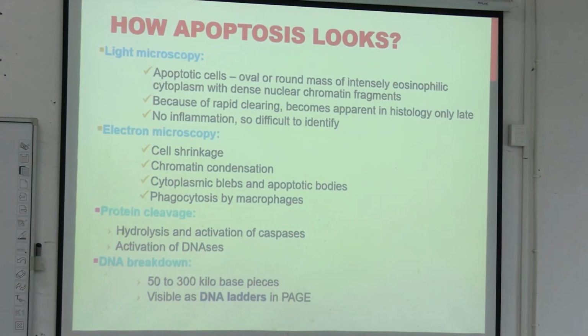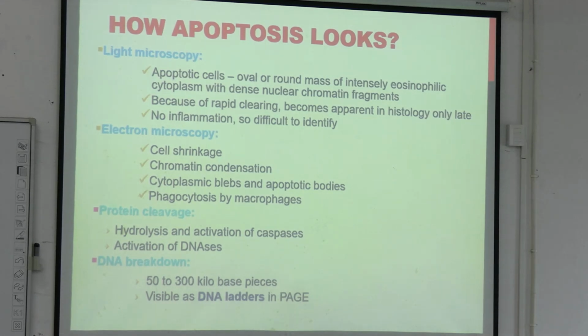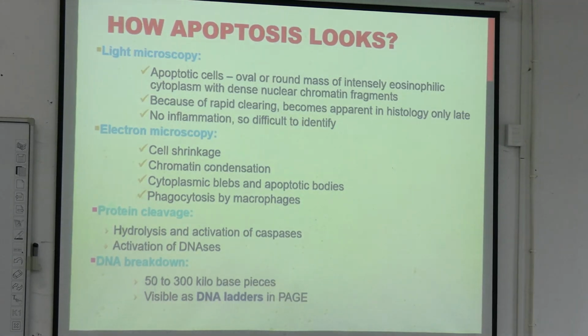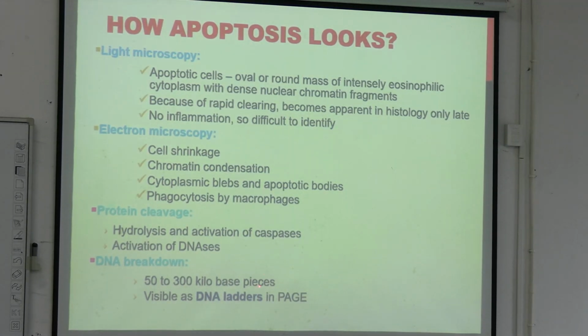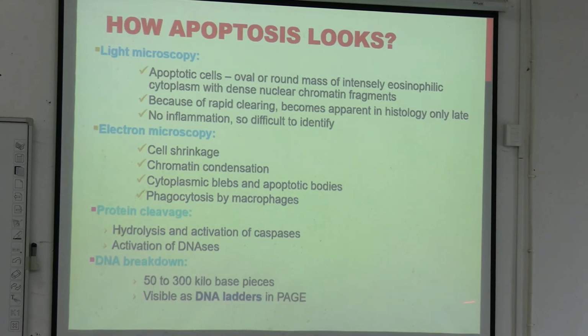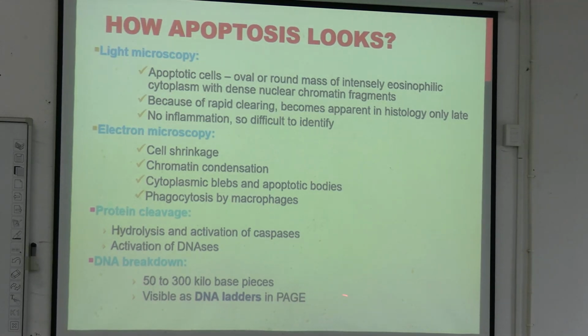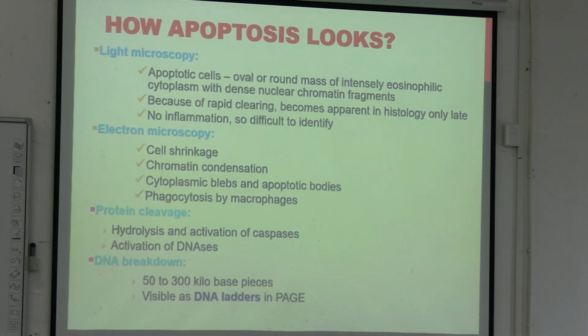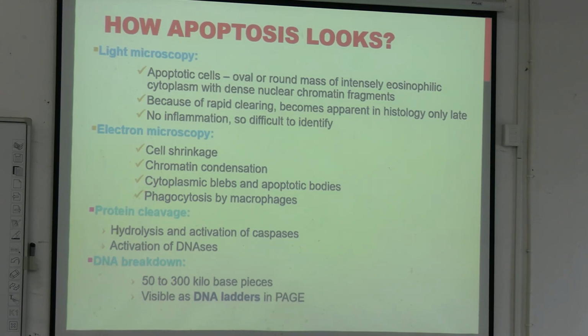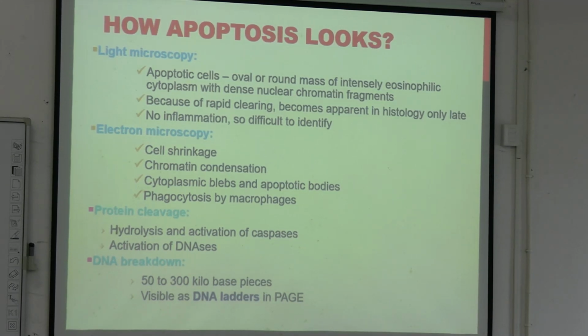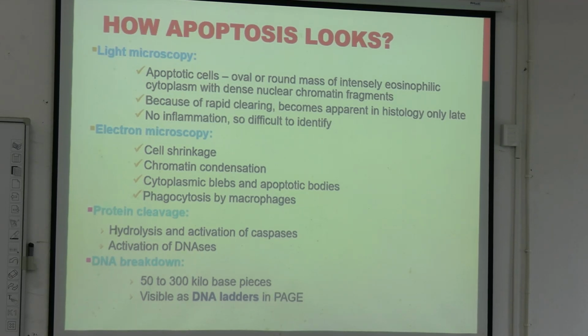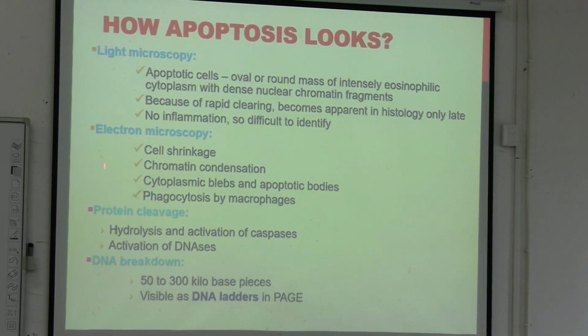And in case of DNA electrophoresis, polyacrylamide gel electrophoresis, in case of PAGE, the DNA forms, that is not the DNA, this is the degraded portion of the DNA, and they form a ladder pattern in case of PAGE.